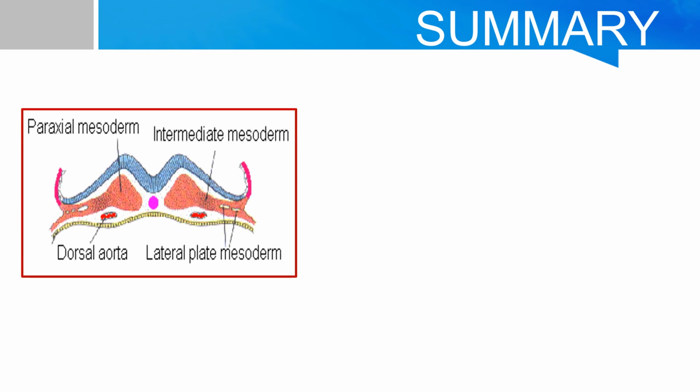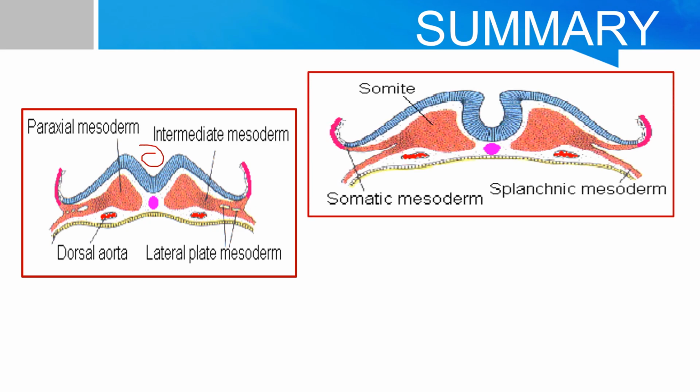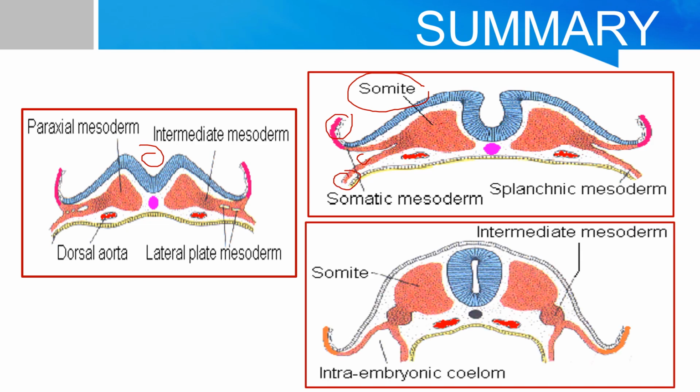So we have seen elaborately important topics in this class. One is the neural tube formation. Again we have seen the differentiation of the intraembryonic mesoderm. We have seen the formation of the somites in detail in this class, and in the lateral plate we have seen the coelomic cavity has formed. We have seen the derivatives of somites, derivatives of intraembryonic mesoderm, and derivatives of somatopleure and splanchnopleure also in this class.